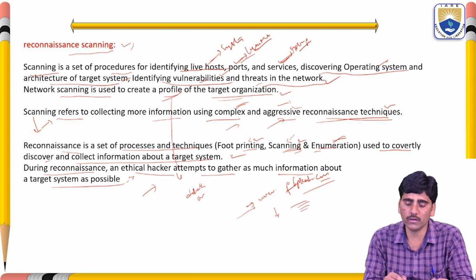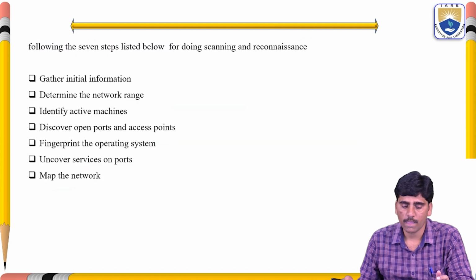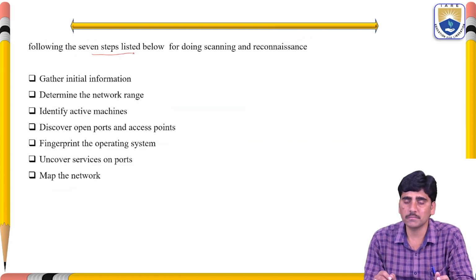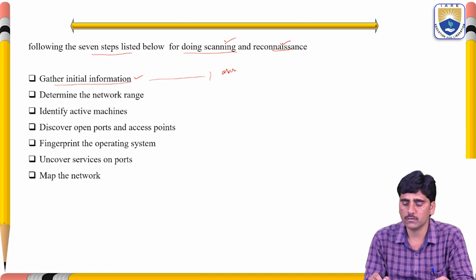So for that only we are using these reconnaissance and scanning techniques. Follow the seven steps listed below for doing such scanning and reconnaissance. The first one is gathering initial information about the target, that is, basic information about the target, and determining the network range.